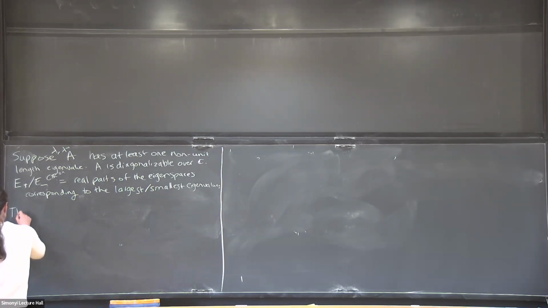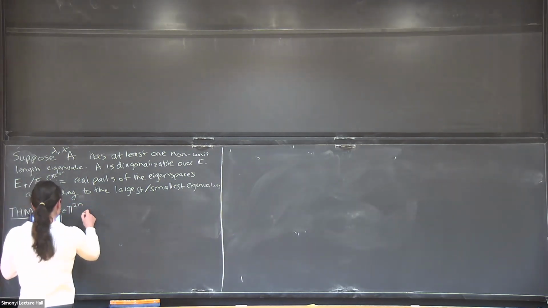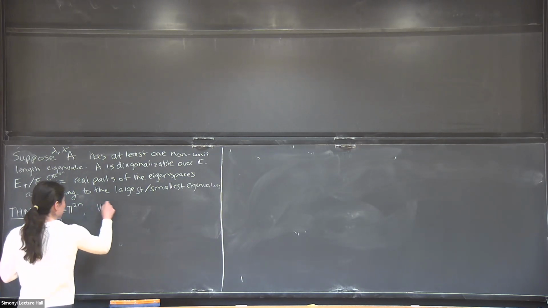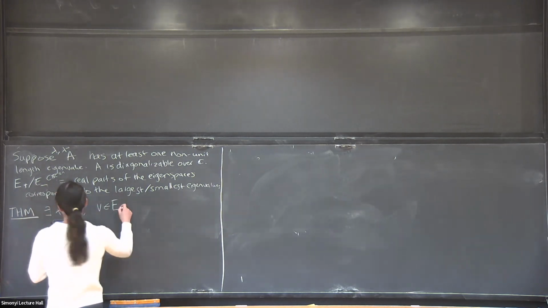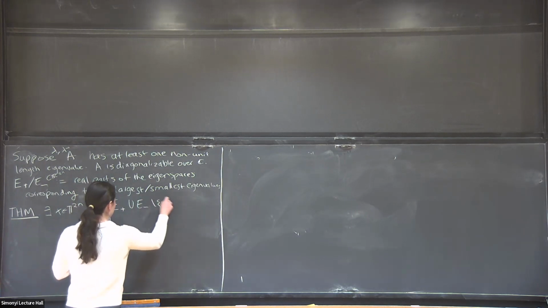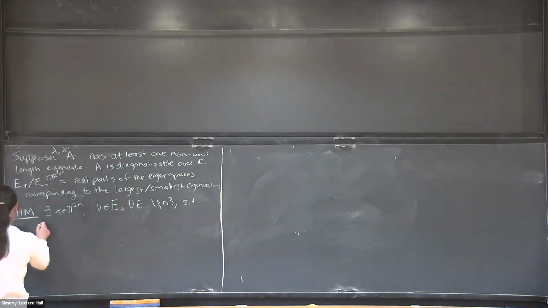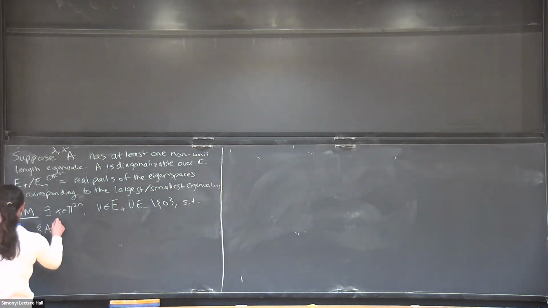Then here's the theorem. Mu will be a semiclassical measure associated to A. Then there exists some point on the torus and some non-zero vector in either E plus or E minus, such that the following set is contained in the support of my semiclassical measure.